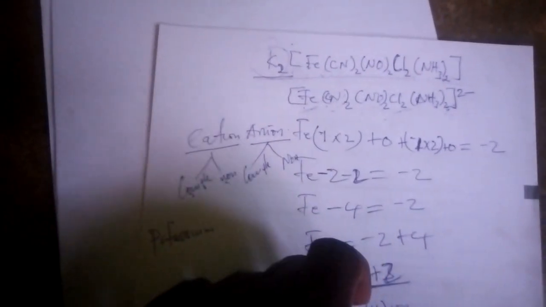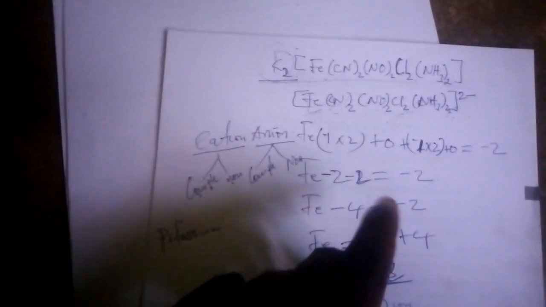We go to another rule, saying that within a complex, ligands are named first before the central metal ion. So we start to name the ligands, but when we look at our complex, there are 3 to 4 kinds of ligands. So how can we go with them?